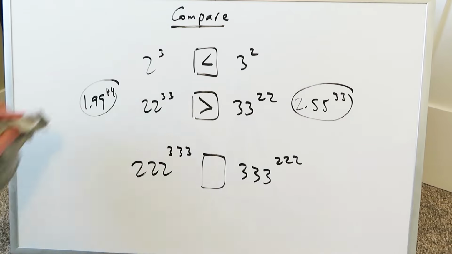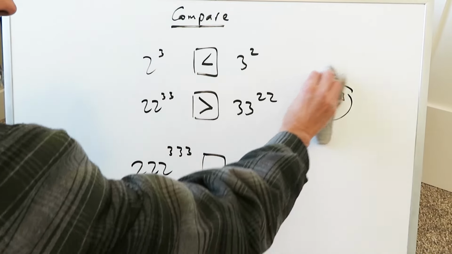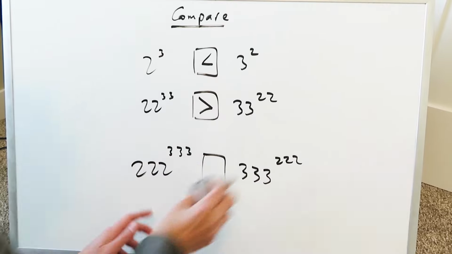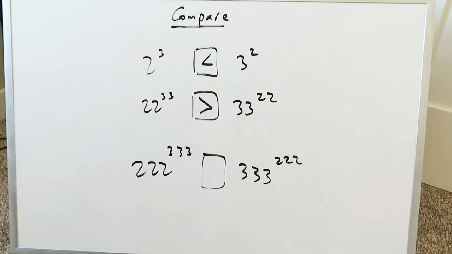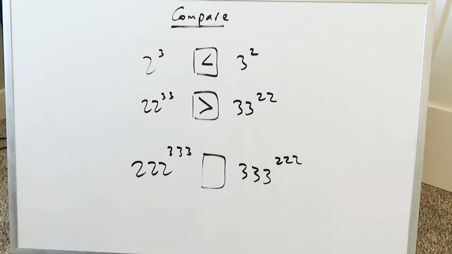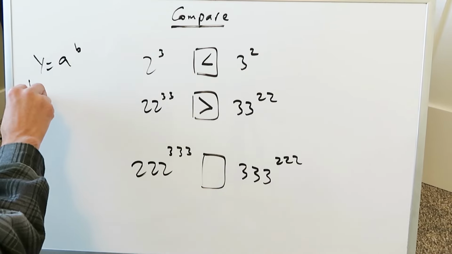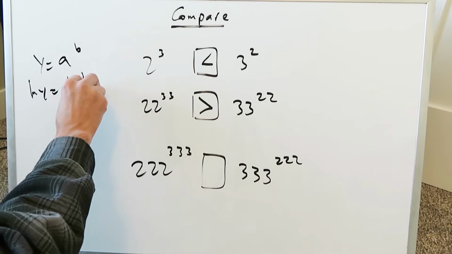However, for questions where you have triple digits in terms of exponents and bases, or even larger numbers, you must develop a technique for which you can bring in your calculator and not exceed its capability, and that technique would be natural logs. Think of y is equal to a to the power of b. Natural log y is equal to b natural log a.